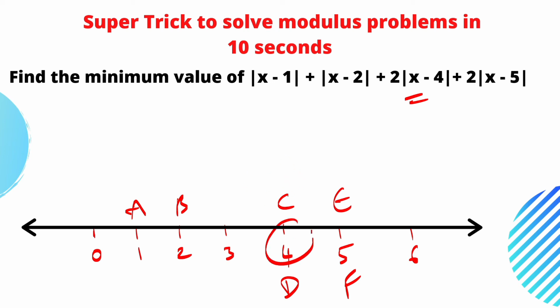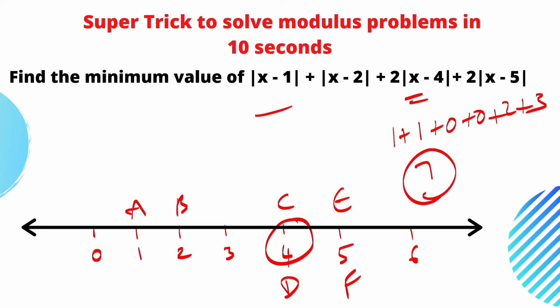If we take 4 as the reference point, to the right side of 4 there are 2 persons, to the left side of 4 there are 2 persons, hence we satisfied that condition. Now all these guys are meeting at 4. E and F are traveling 1 unit each, C and D are traveling 0 units, B is traveling 2 units, whereas A is traveling 3 units. What is the total? 7. So 7 is the minimum value.